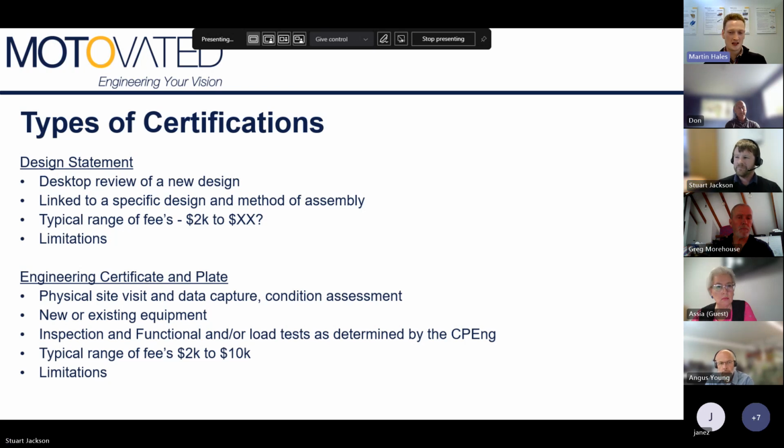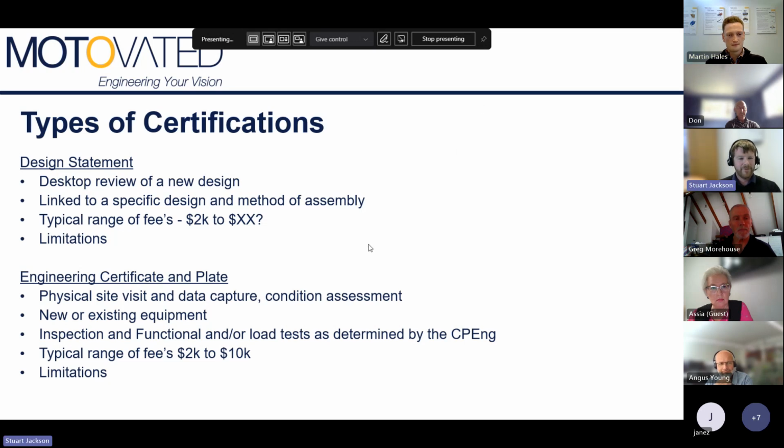It also involves checking the construction of that specific item and the condition, and we might reassess that throughout that item's life based on the expiry of the certificate, as Stu mentioned. So the main thing is those aren't necessarily universal terms, but they are the terms we use to categorize the different types of certification that we do at Motovated.